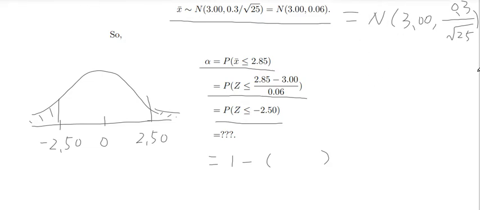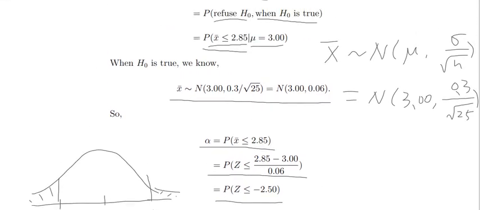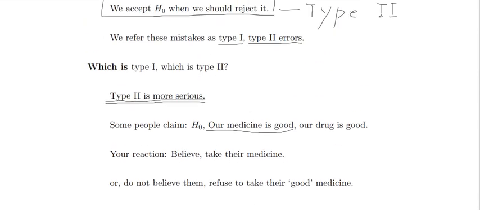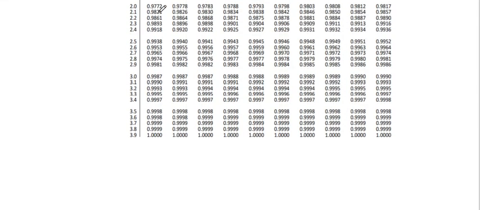So we have the z table here. I check 2.50, and 2.50 is this, 0.9938.